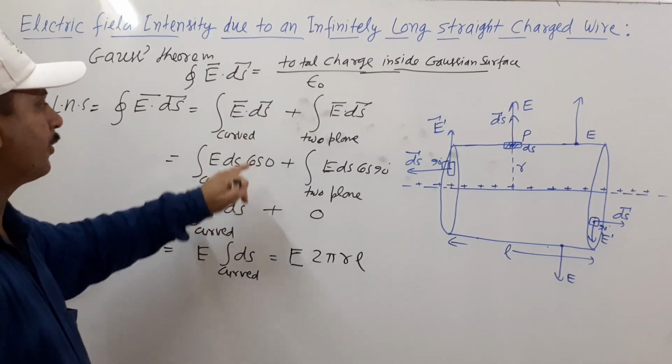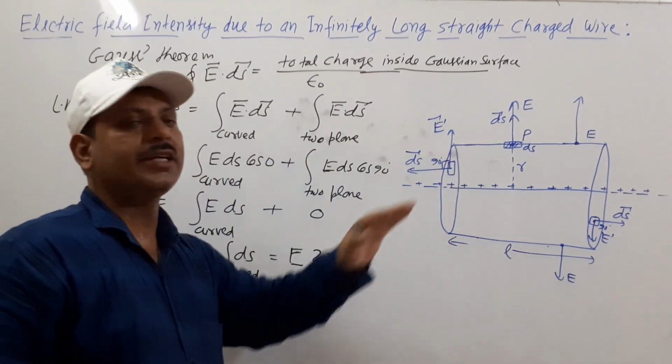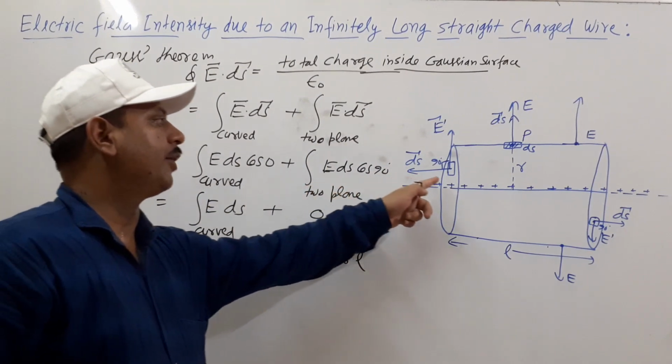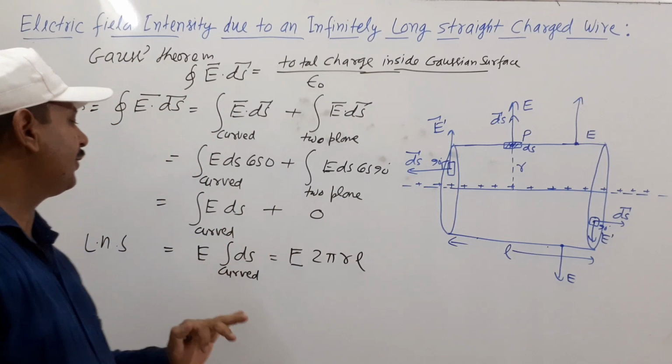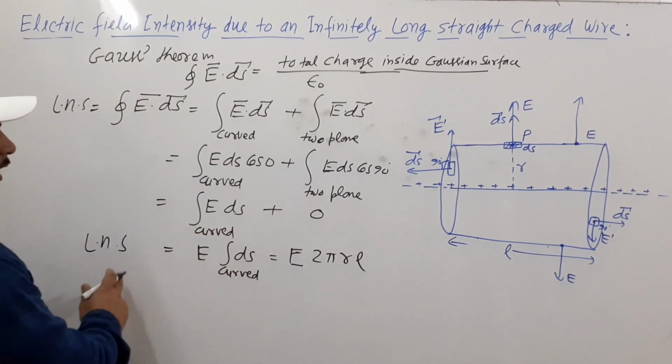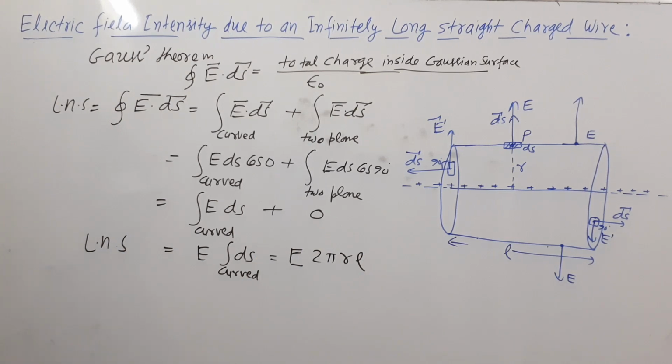Why? Because for curved surface E and ds are parallel, for plane surface E and ds are perpendicular. That's why flux passing through plane surface will be 0. Only for curved surface I have calculated E into 2 pi RL.